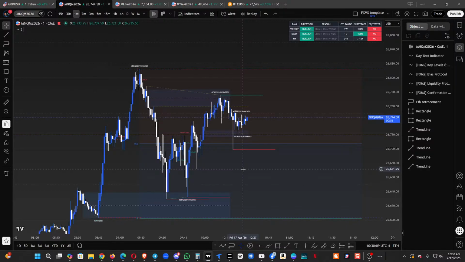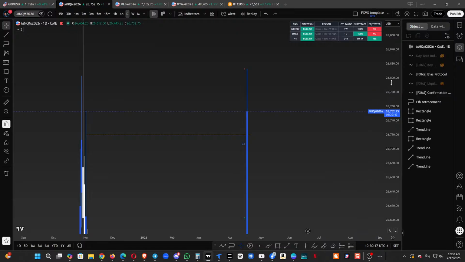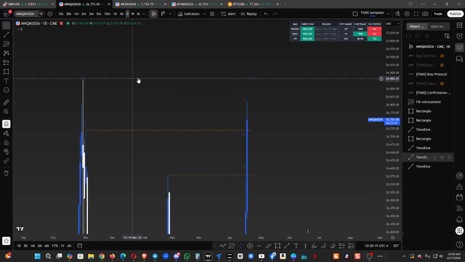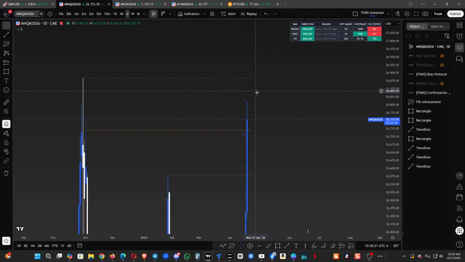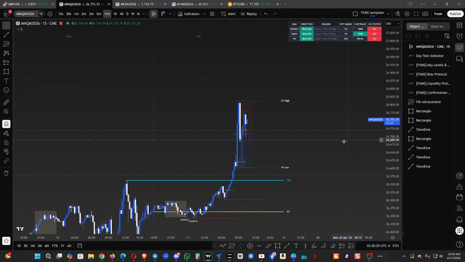Yeah, and absolutely. Like I said, the all-time highs are a great time to be trading because the draw on liquidity is so clear, right? So we know that price is going to want to come up here. So we really should be focusing on looking at buy signals and buy setups.